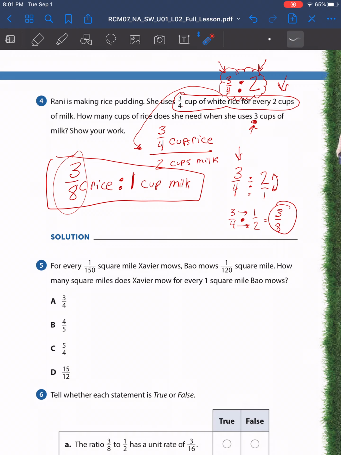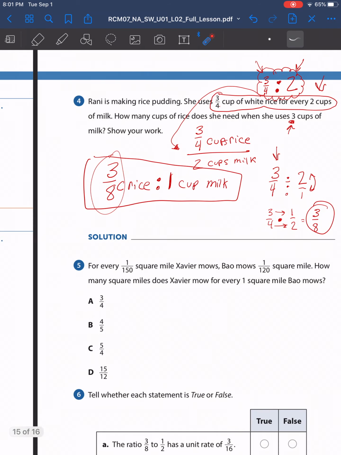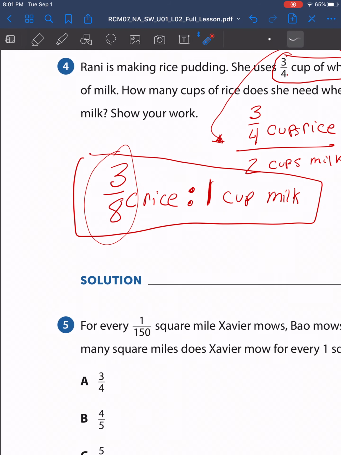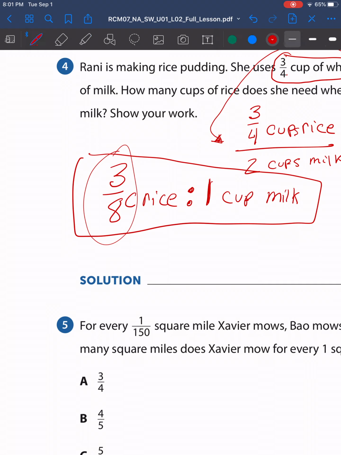Let's do that. I'm going to move my paper over here just a little bit so I have some room to do this problem, because I wrote kind of big with my unit rate there. So what I'm going to do is take 3/4, because I know 3/4 cup made 2 cups of milk, and I'm going to add 3/8 to it. That's my unit rate. How do you add fractions? Well, you have to have common denominators. I'm going to make this denominator into an 8 by multiplying it by 2, but whatever you do to the bottom, you've got to do to the top.